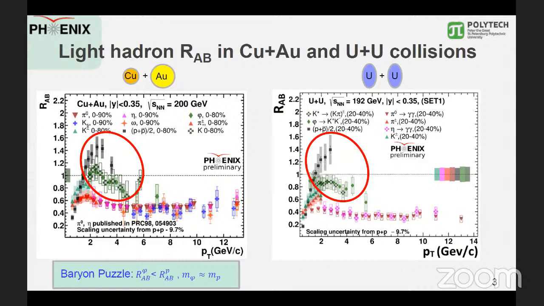Particularly, proton R_AB values are greater than phi meson R_AB values, despite the fact that phi meson and proton masses are rather close. So such behavior suggests a baryon versus meson dynamic as opposed to simple mass dependence.